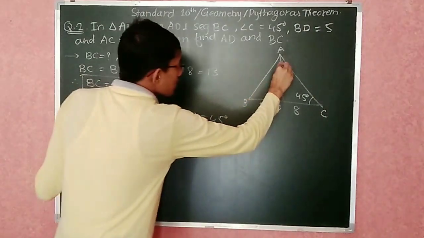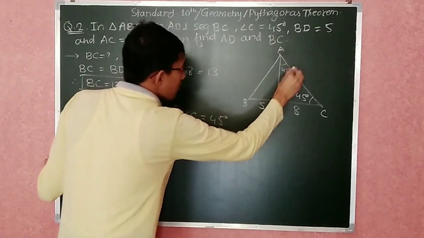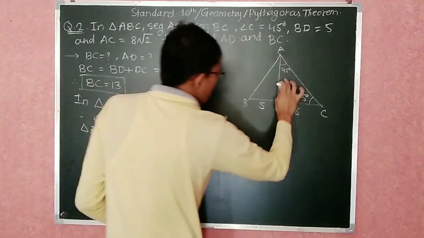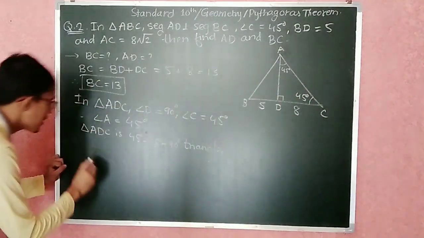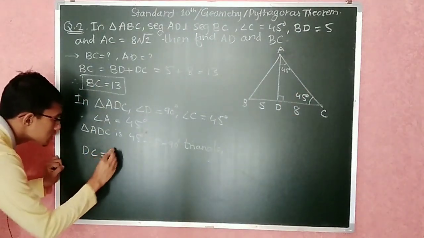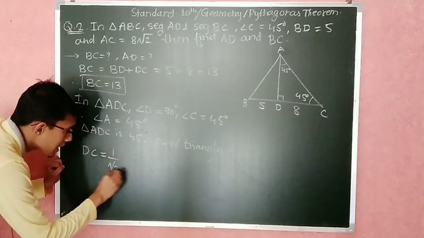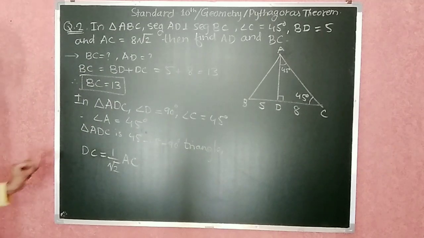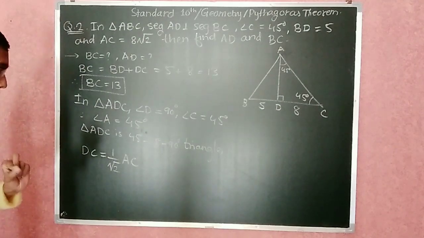I will take this angle 45 degrees, and the side opposite to this particular angle is DC. So we can write that DC is equal to 1 upon root 2 times AC.